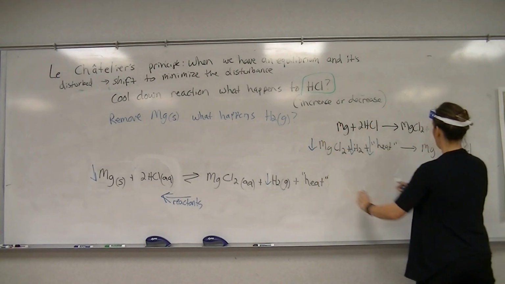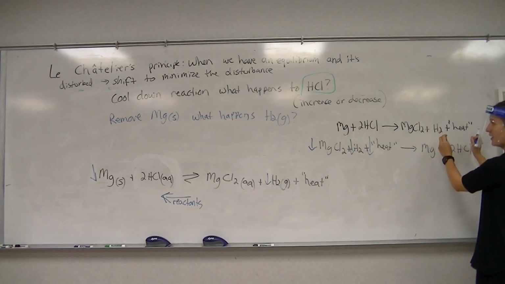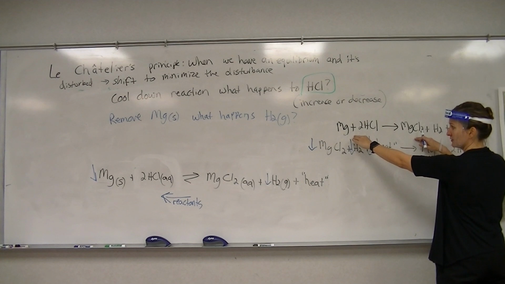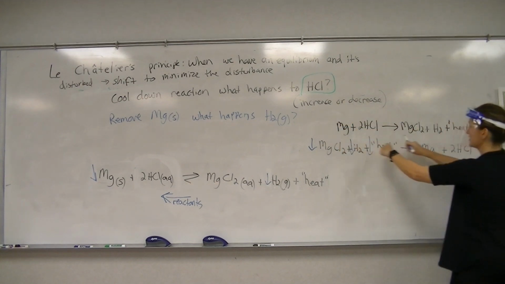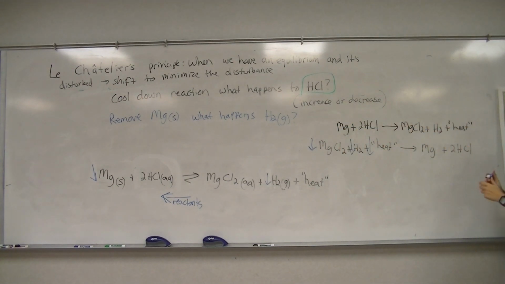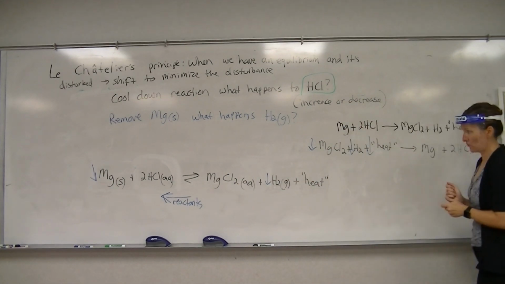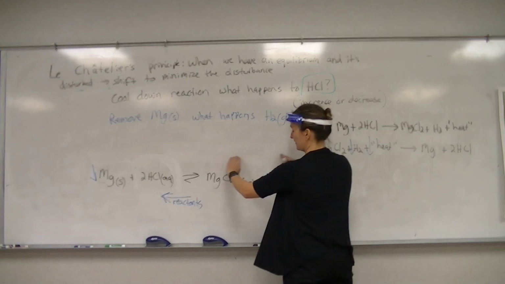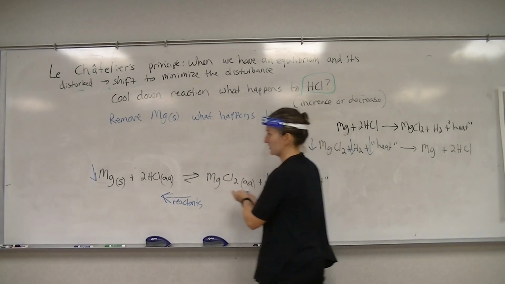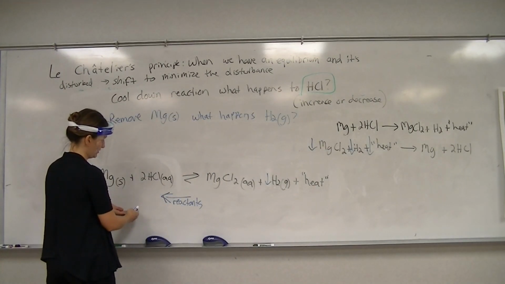So these are all going to decrease, these are both going to increase. If I was going the other direction, these are going to decrease, and this is going to increase. That's why we're trying to figure out which direction we are going. Once you figure out the direction, these are all going to decrease, these are all going to increase.